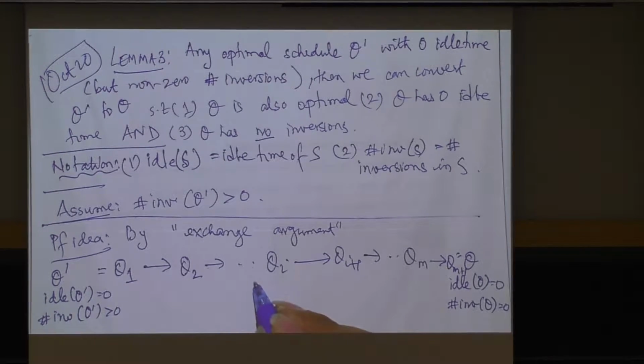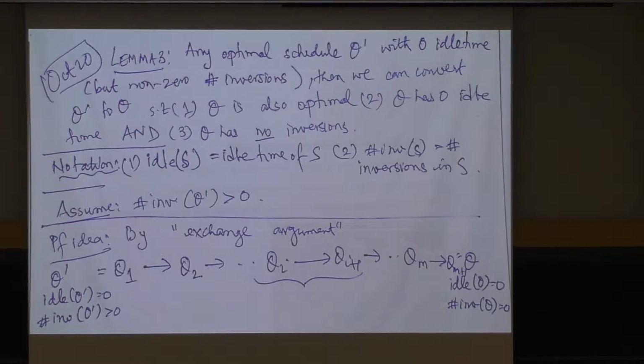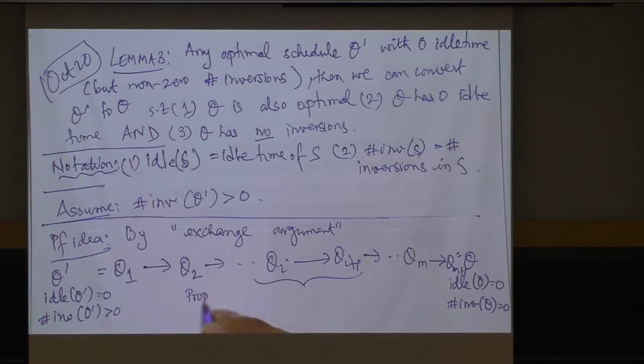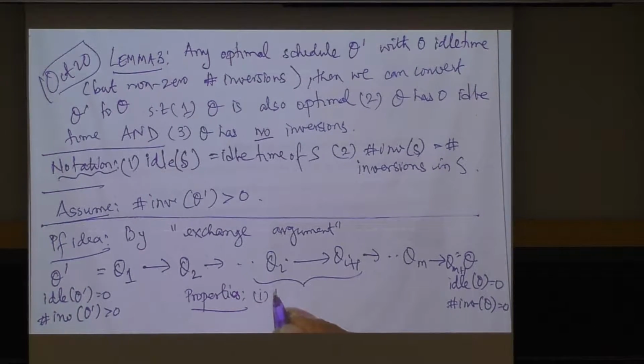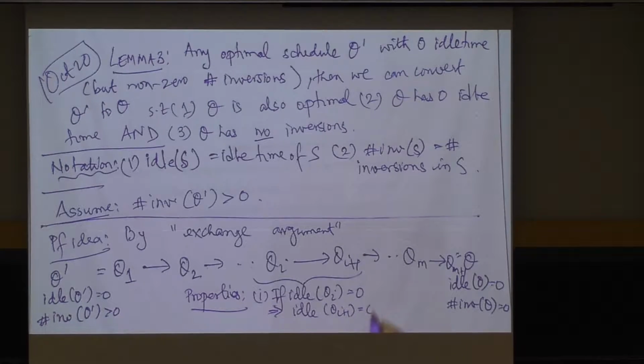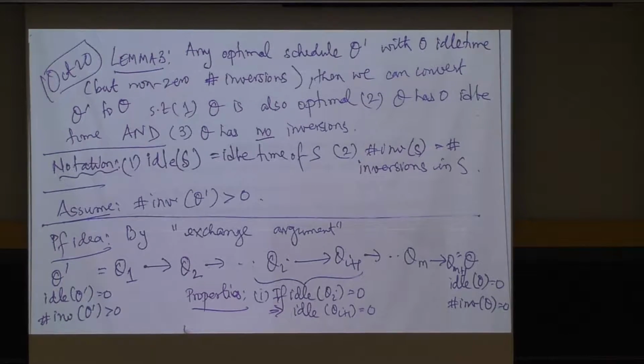Now, let me elaborate a bit more. So again, this transformation is going to be the same. It's kind of the same algorithm that we're going to apply each time. And the properties that we need from this are, if the original guy had 0 idle time, you're going to end up with something that has 0 idle time. So in particular, if you already had 0 idle time, this transformation is not going to mess up that property.